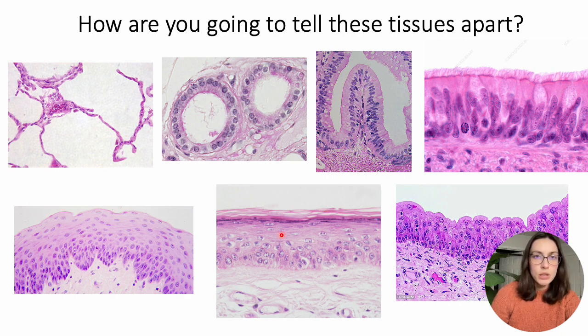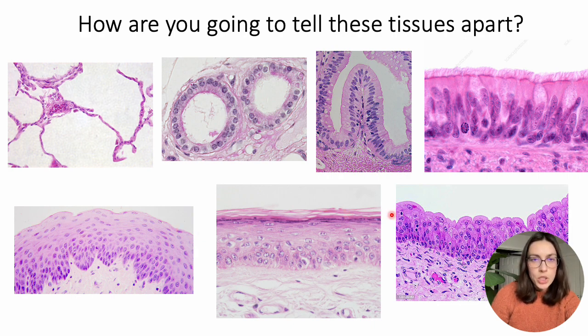The rest of these look like they are stratified. It looks like there are many layers of cells. Let's look at this one to the bottom left and the bottom middle. These are not the best images. However, they both have several layers of cells. So we have stratified epithelium. We really in this class only talked about stratified squamous epithelium, and that's what both of these are. But the difference is that the top of this bottom image, the apical side, is really nice and healthy looking.